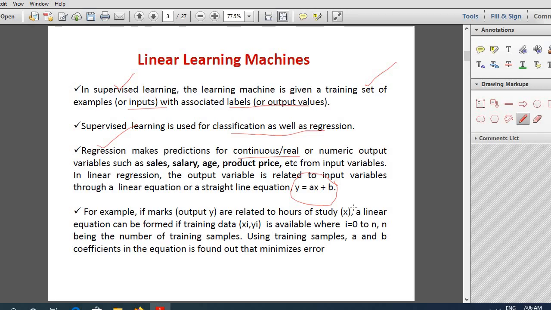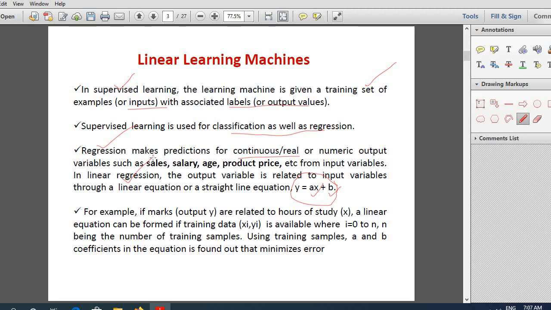From the many training data given, our task is to find the value of a and the value of b, so that you can make a straight line equation. It is of the form y is equal to mx plus c, right? Linear regression means that in order to predict the value of a variable, you come up with a straight line equation relating the output and input. That is what is called linear regression.